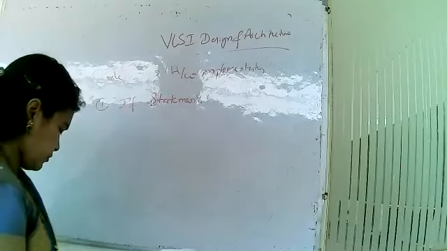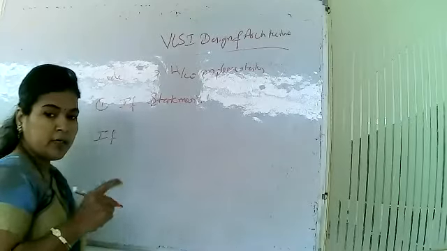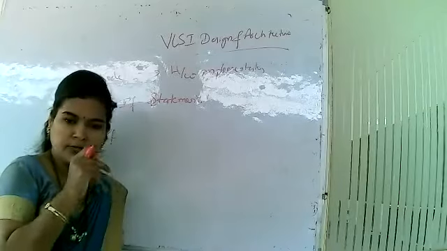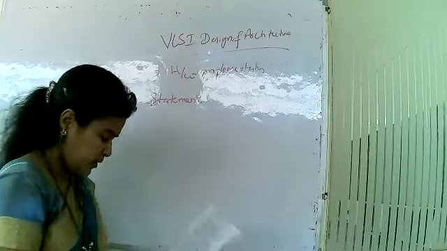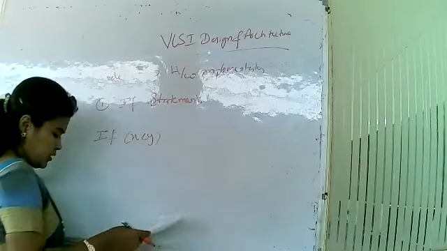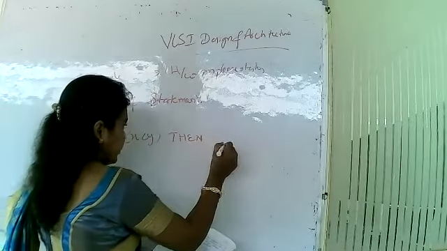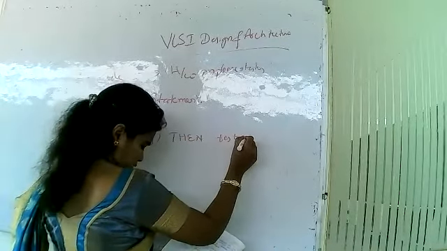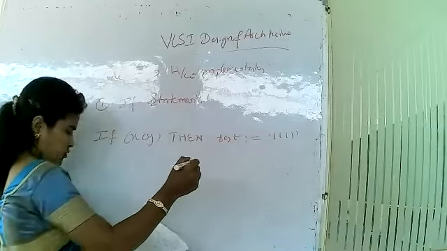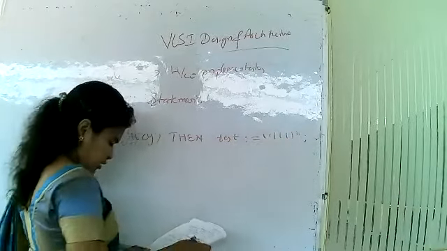In the if statement, if means there becomes a condition. Anywhere in a programming language, if will come with a condition. So if x is less than y, then test is equal to 1, 1, 1.